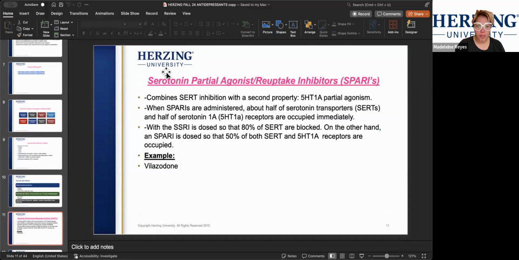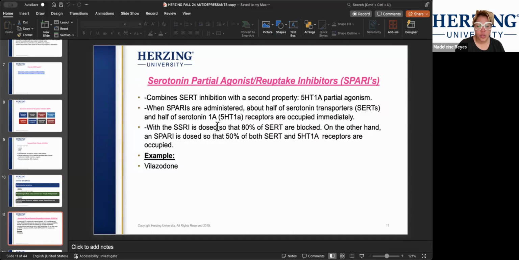The other category of antidepressant is serotonin partial agonists. This one combines SERT inhibition with a second property, 5-HT1A partial agonism. When serotonin partial agonists are administered, about half of the serotonin transporters and half of the serotonin 1A receptors are occupied immediately.